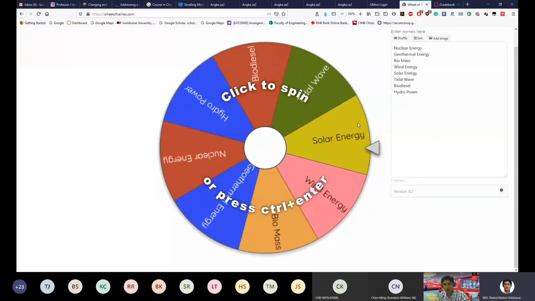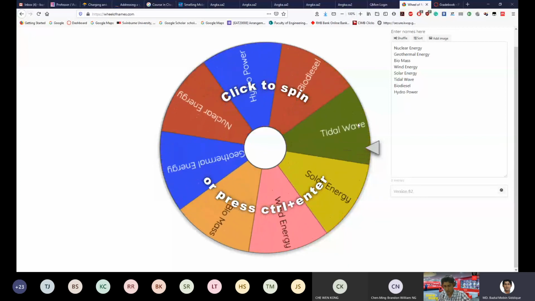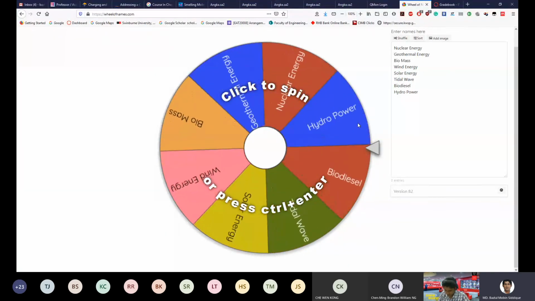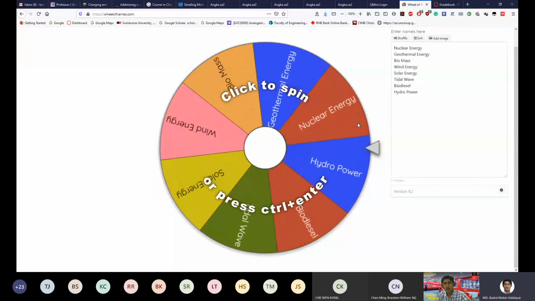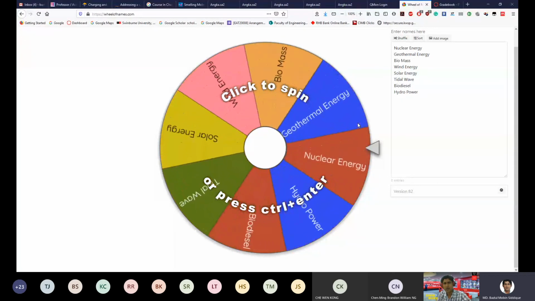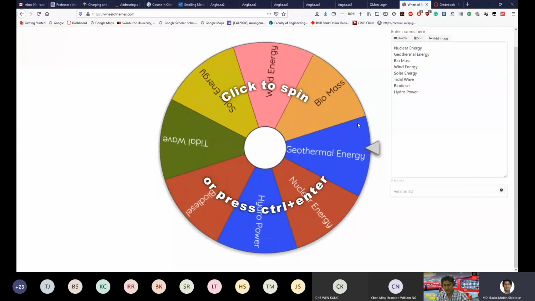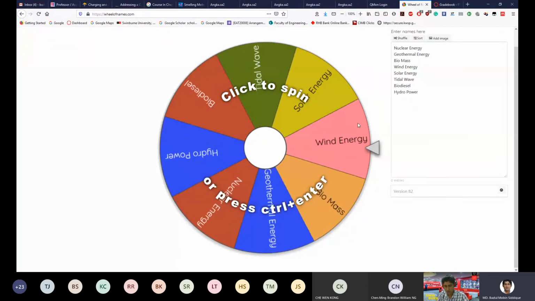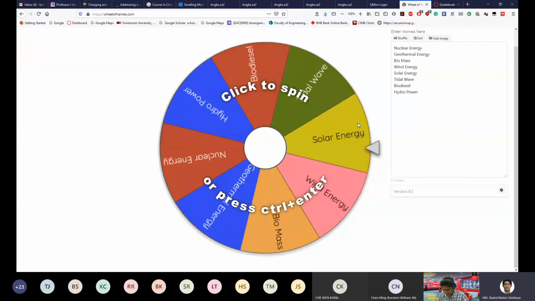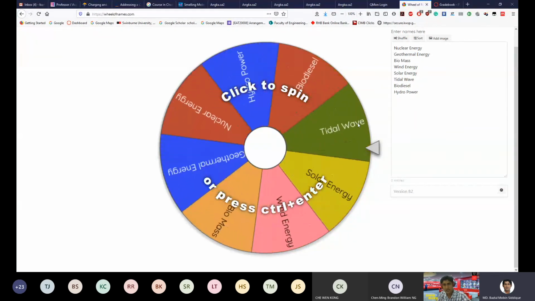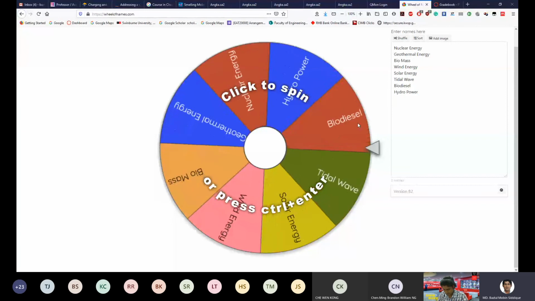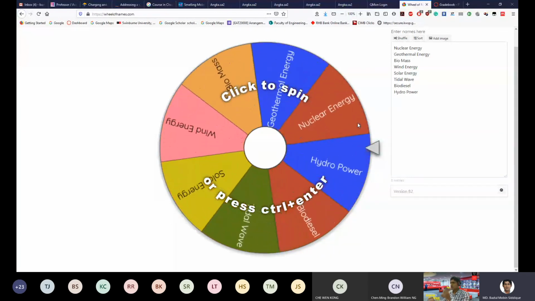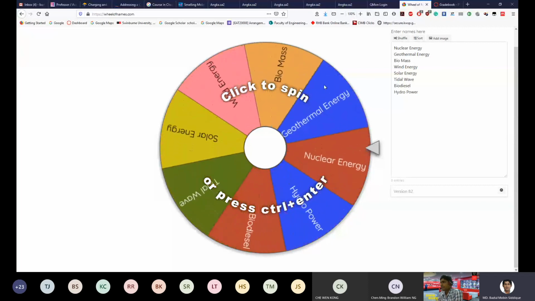There is no group 12 for the project. Group 1 is number 4. Group 3 is 5th. Group 2 is 6th. Group 5 is 7th. And then group 6 is 8th. All right.